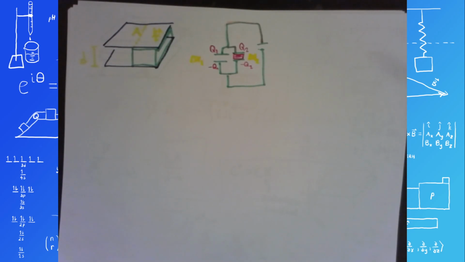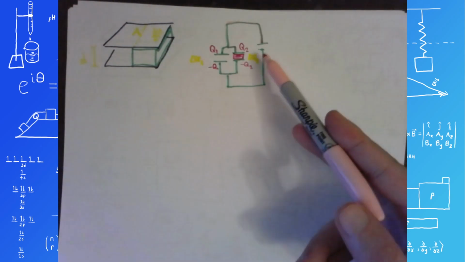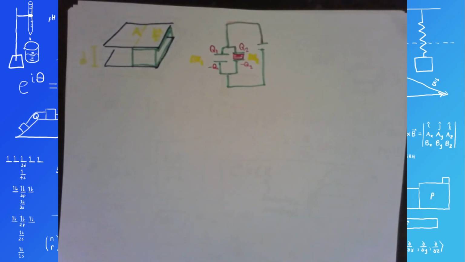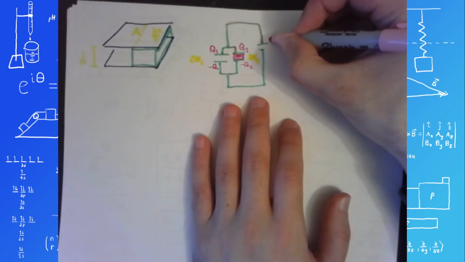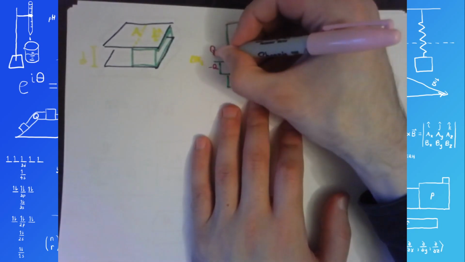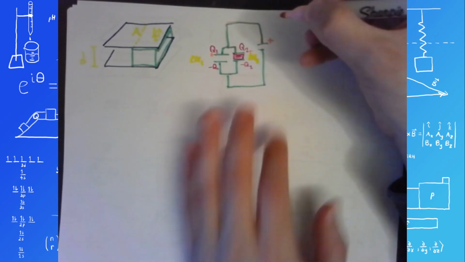And we said when you're moving within a metal, since the electric field within the bulk of a metal is zero, the change in voltage as you integrate within the bulk of a metal is also zero. So whatever the voltage of the positive end of the battery is, that's the voltage of the positive sides of each of these capacitors.